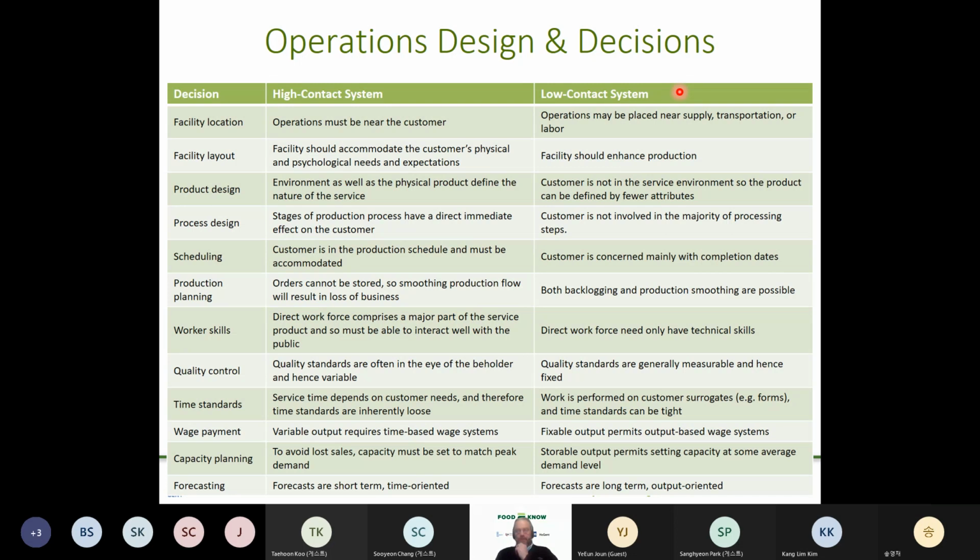So you can do it in a different way. You can locate your factory where you have good tax conditions, where there is good talented labor available, and all different things can be taken into account, except the fact that you have to be very, very close to your customer.